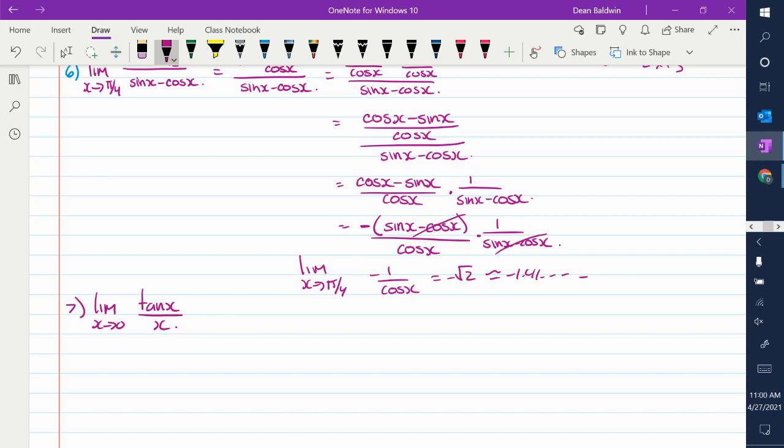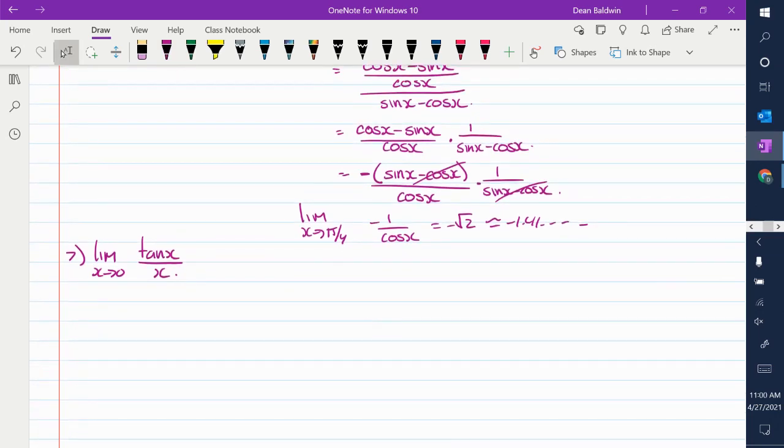Obviously, we can't put in 0, because we'd be dividing by 0. What is tan? Sine over cosine. So we would rewrite it all over x. And then using our skills that we've learned, if you have fraction over fraction, you flip and multiply.